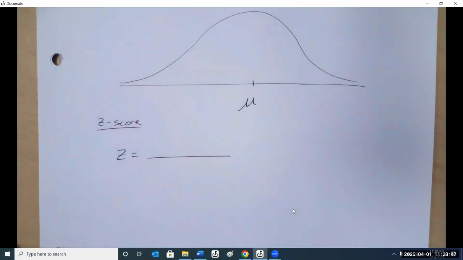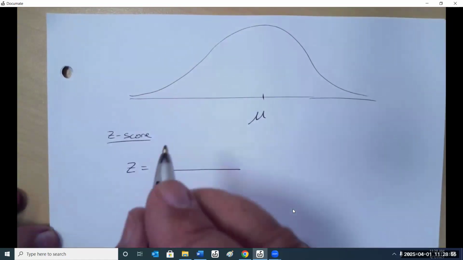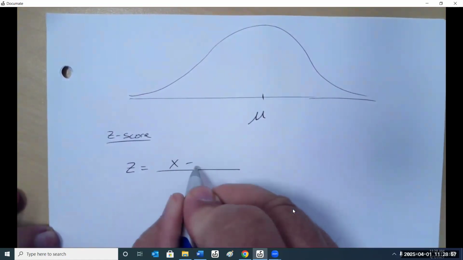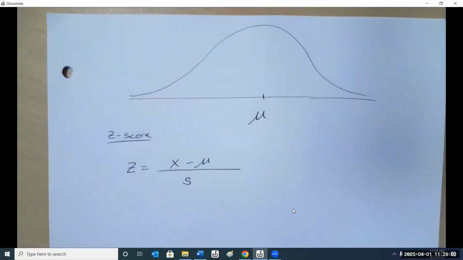We'll go more into it later, and we're going to use this formula in a second.